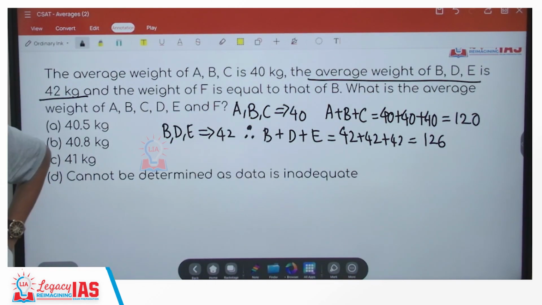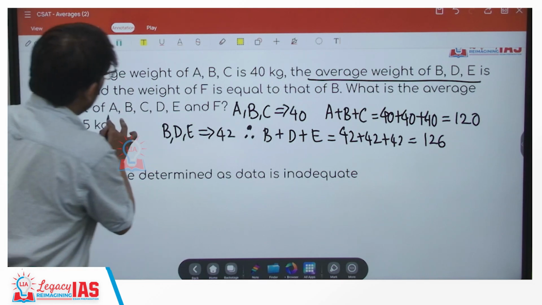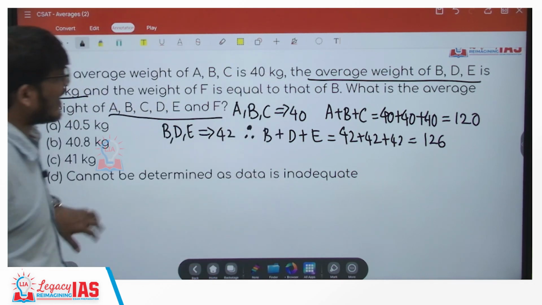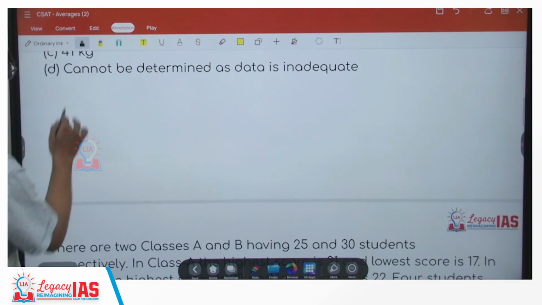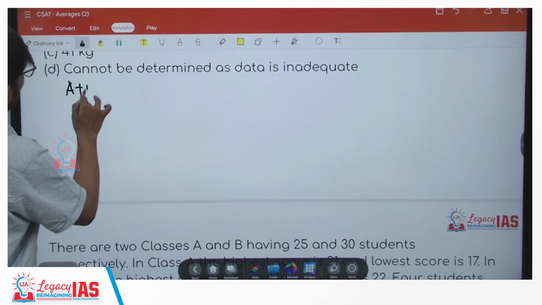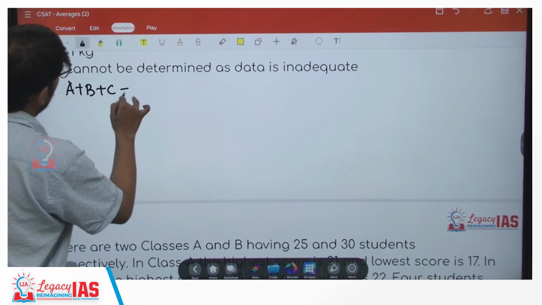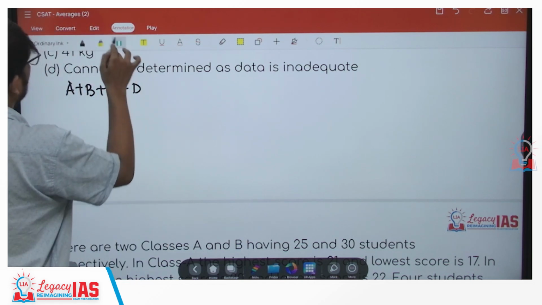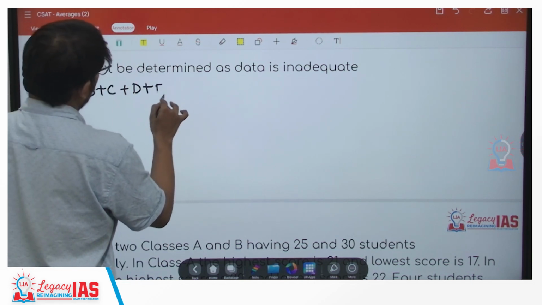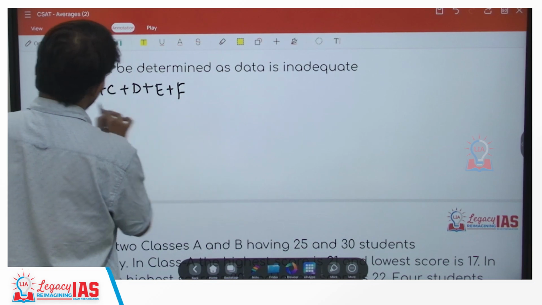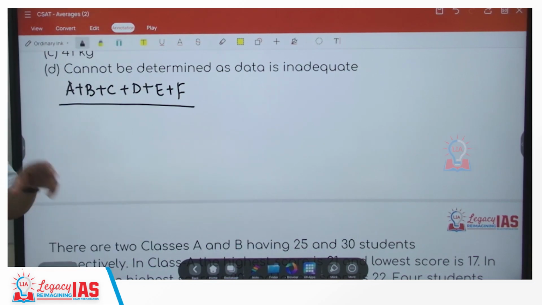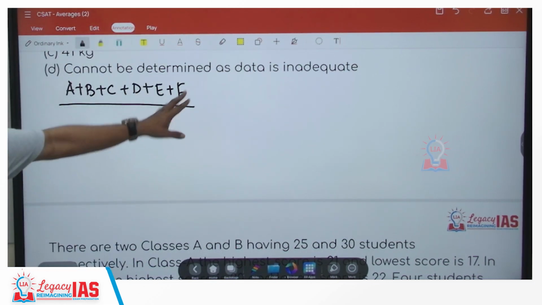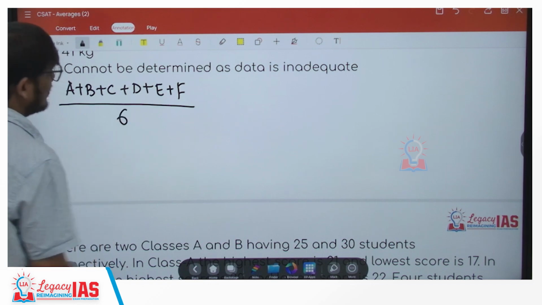Clear? Now, we want the average of A, B, C, D, E and F. That means we want A plus B plus C plus D plus E plus F divided by what? Divided by 6, because these are 6 different terms.